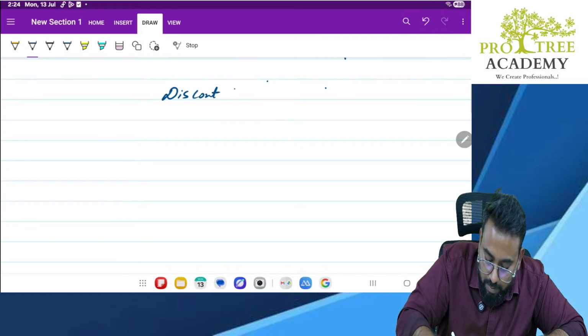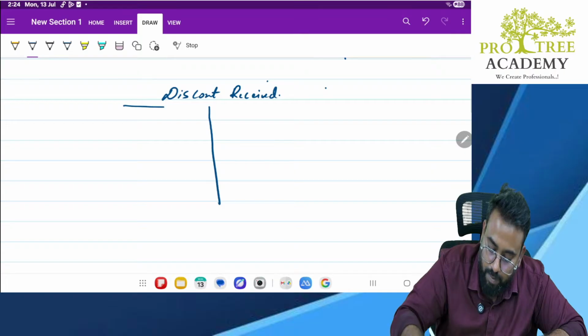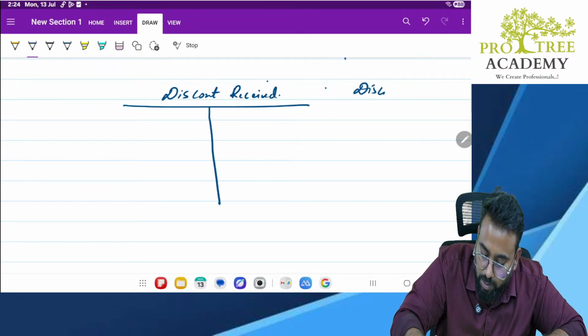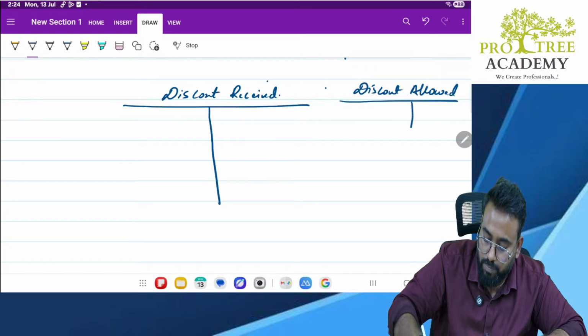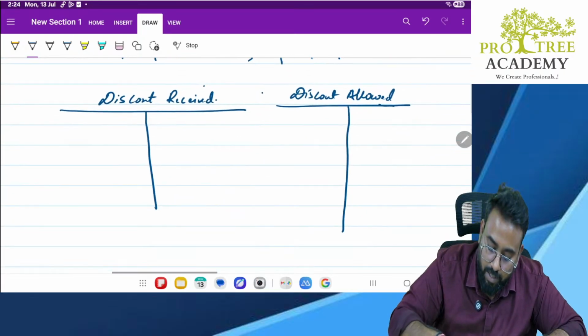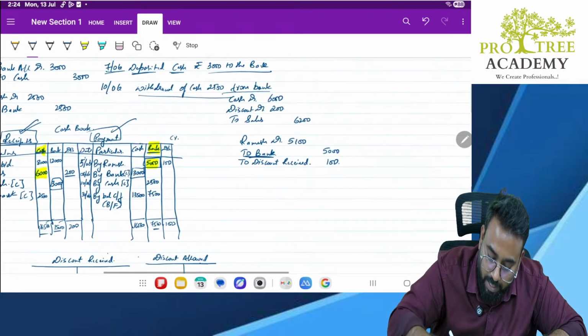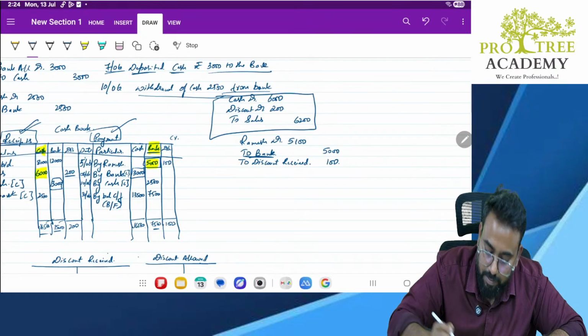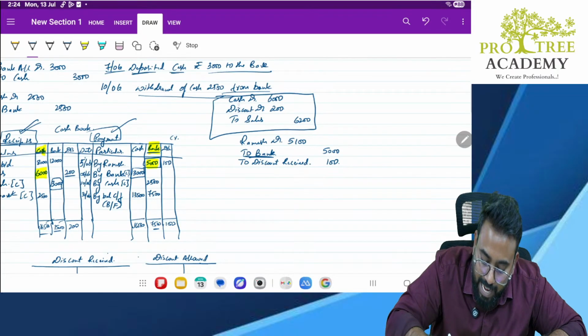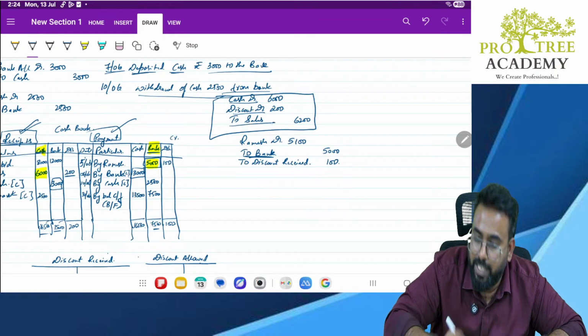Discount received, discount allowed. Okay. Now when we prepare this, we'll go back to the ledger. What is the ledger? Cash account debit, discount account debit to sales account.